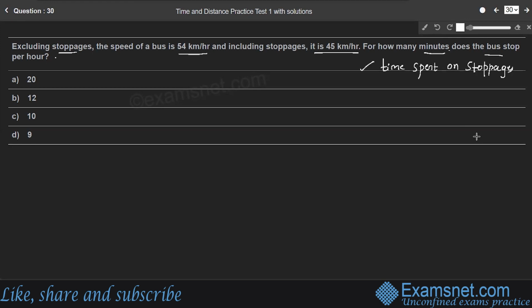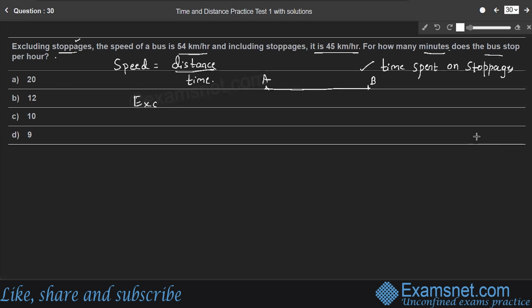For that, we have to find the time spent excluding stoppages and including stoppages. Since we are using the concept of speed, which is equal to distance traveled by time, therefore time is equal to distance by speed. So, to travel from one place to another, maybe from home to school, excluding stoppages, the speed of the bus is 54 km per hour.